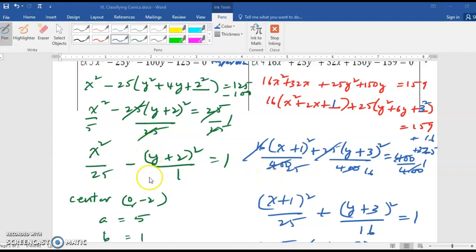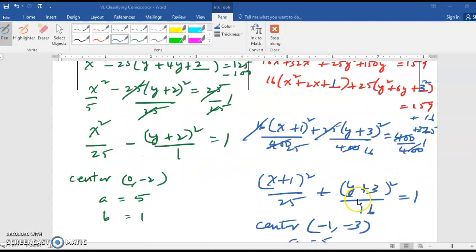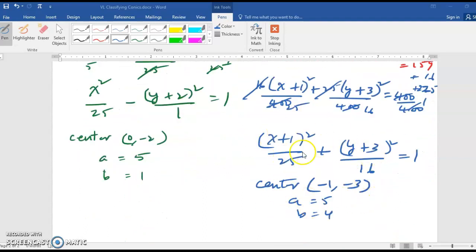But I'm not going to go to the details where you have to find the other stuff like vertices, co-vertices. I would leave that exercise to you. Okay, and this is the ellipse. Make sure you're adding 16 and 9 times 25 over here, so you'll get 225. So you're adding 225. In the case of ellipse, you're adding all the numbers, but in hyperbola you're subtracting one number, and hence this would be the detail.